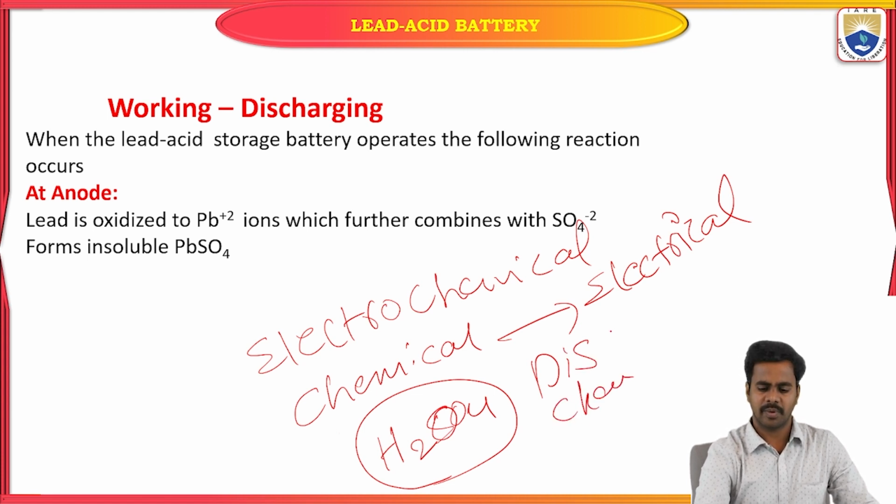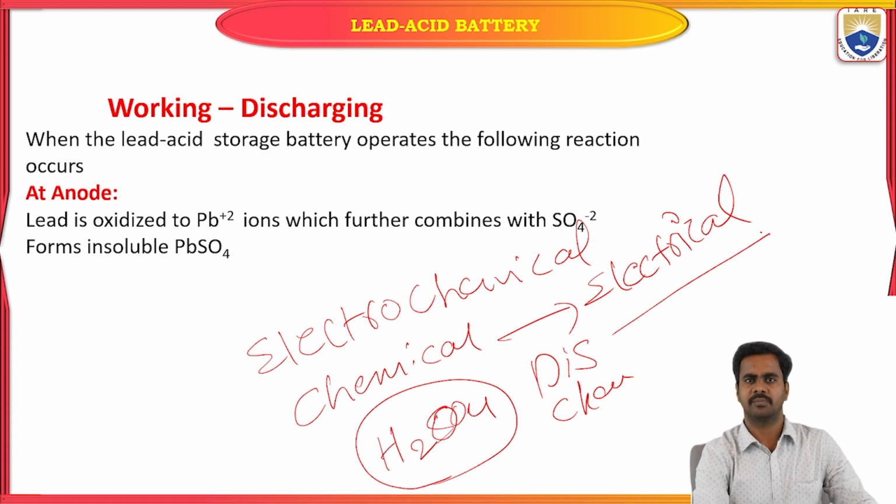It supplies some amount of electrical energy. So that is the discharging process. In the discharging process, lead-acid battery acts as an electrochemical cell, where chemical energy is converted into electrical energy by using H2SO4.